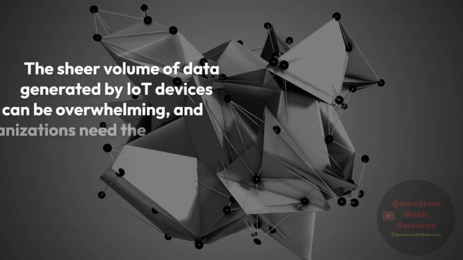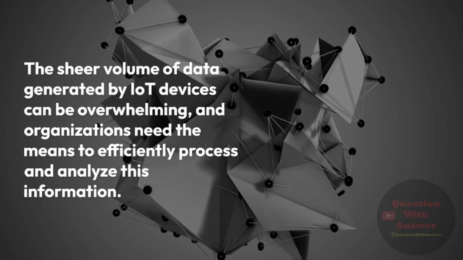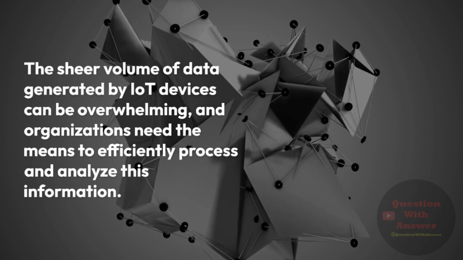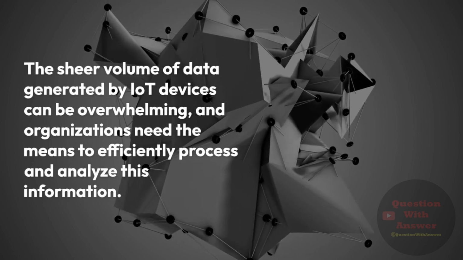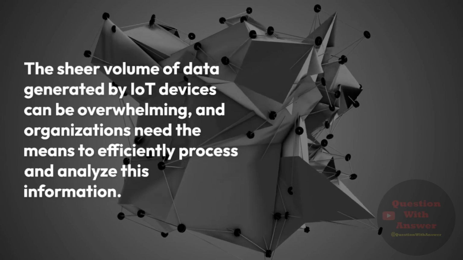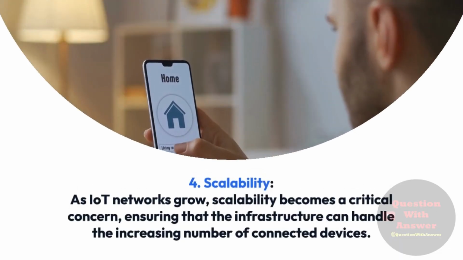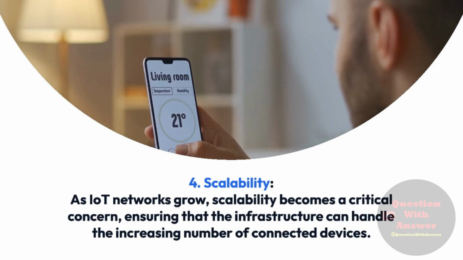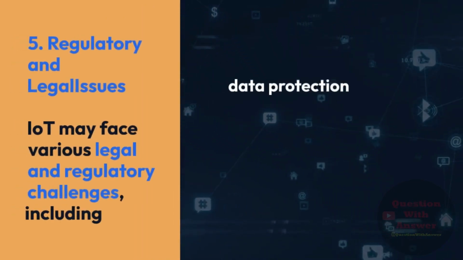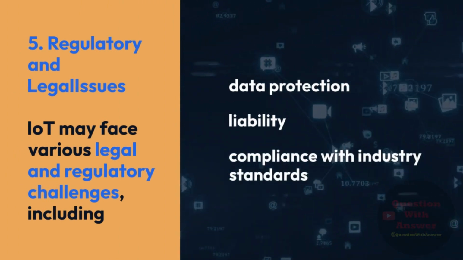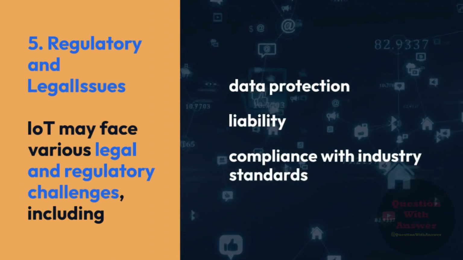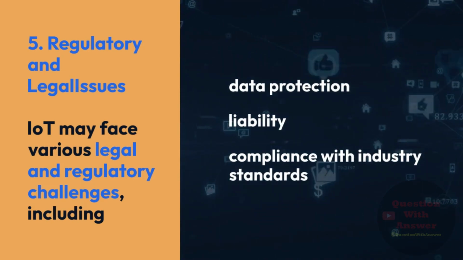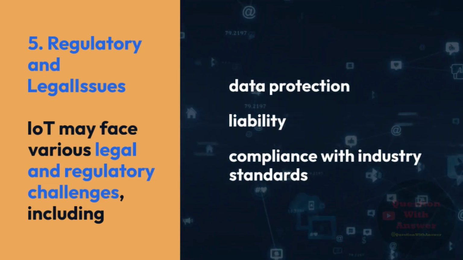The sheer volume of data generated by IoT devices can be overwhelming, and organizations need the means to efficiently process and analyze this information. 4. Scalability. As IoT networks grow, scalability becomes a critical concern, ensuring that the infrastructure can handle the increasing number of connected devices. 5. Regulatory and legal issues. IoT may face various legal and regulatory challenges, including data protection, liability, and compliance with industry standards.